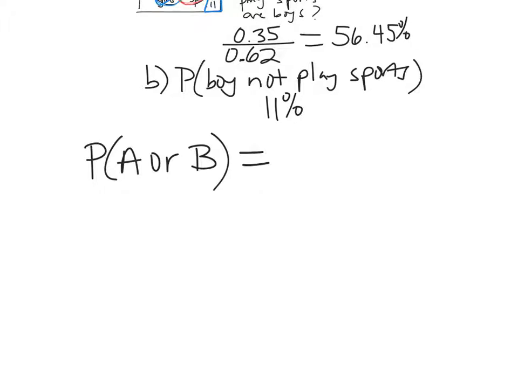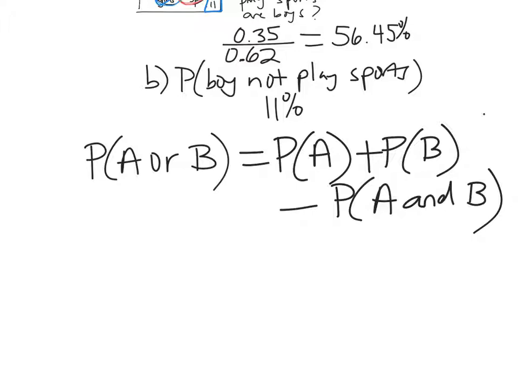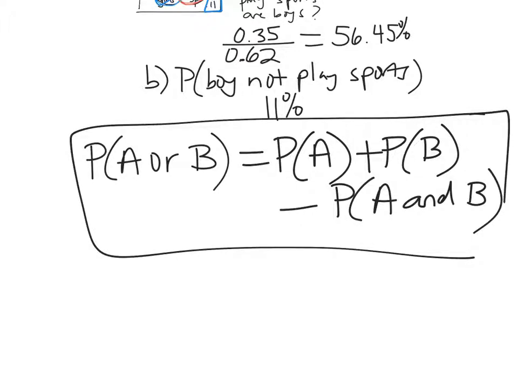You can't have type O and type A at the same time. Some things overlap sometimes. So the probability of A or B is the probability of A plus the probability of B minus the probability of A and B. That is really important.